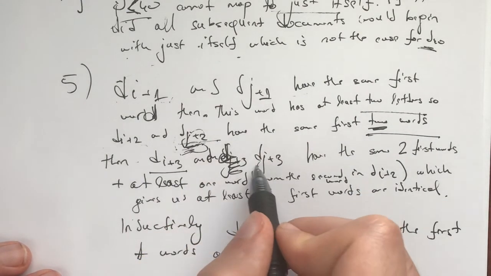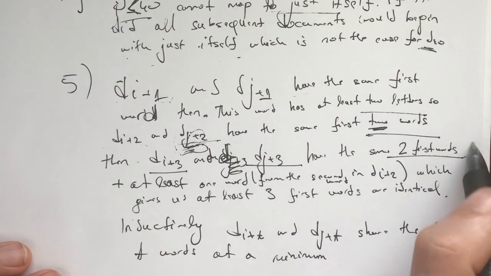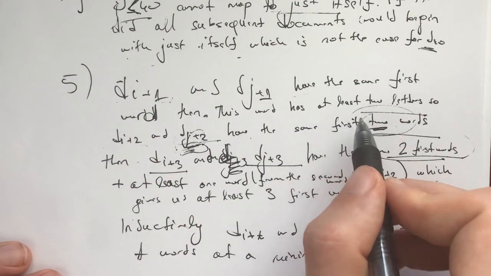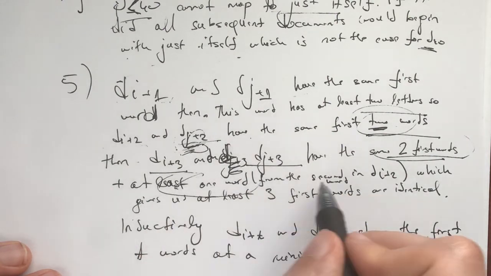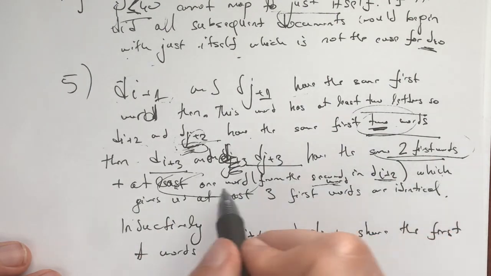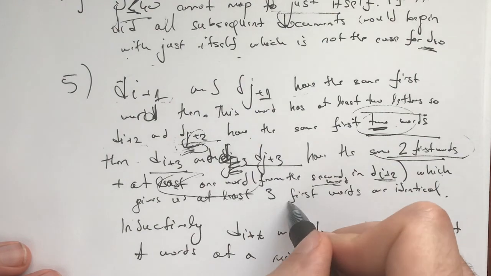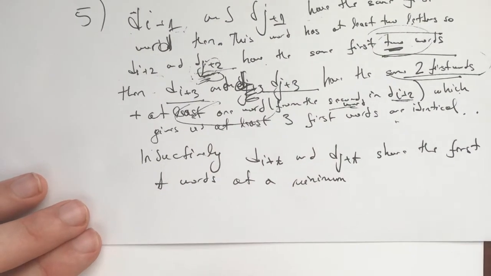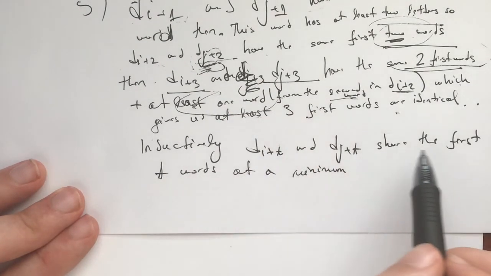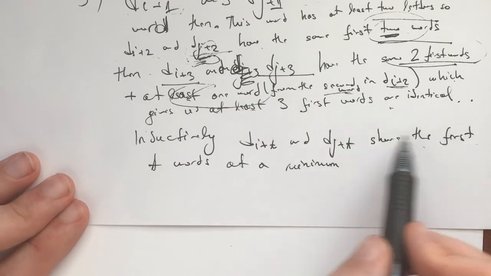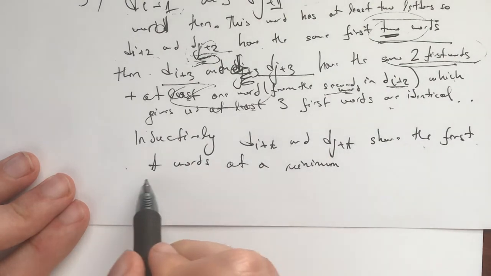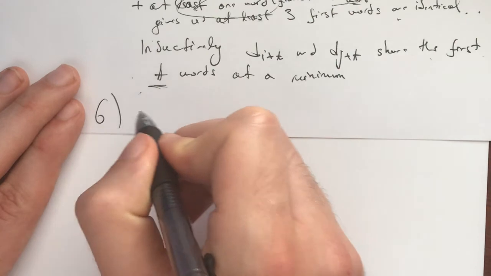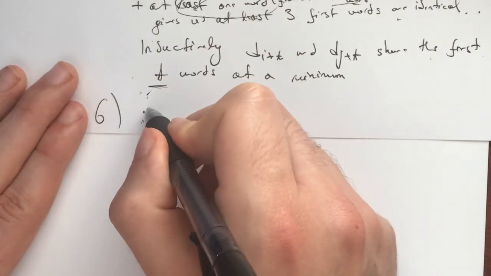Then DI+3 and DJ+3 have the same first 2 words from the first word, and at least 1 more word from the second word in DI+2, which gives us at least 3 first words that are identical. And then we can say inductively that DI+T and DJ+T share the same first T words at a minimum.